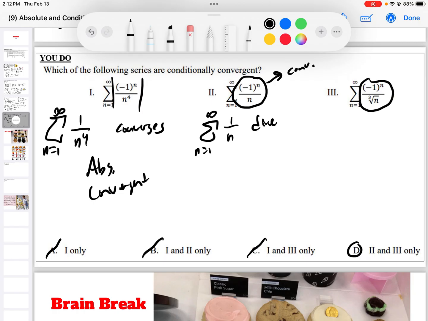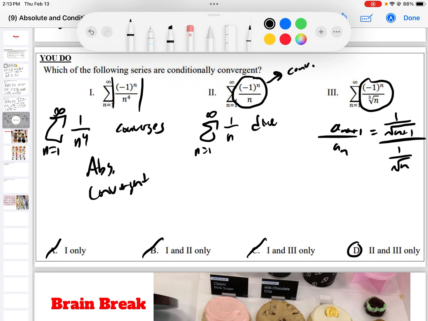This one, it's an alternating series. So if it's an alternating series, each term needs to be getting smaller. I could look at a sub n plus 1 over a sub n, which would be 1 over the cube root of n plus 1, over 1 over the cube root of n.